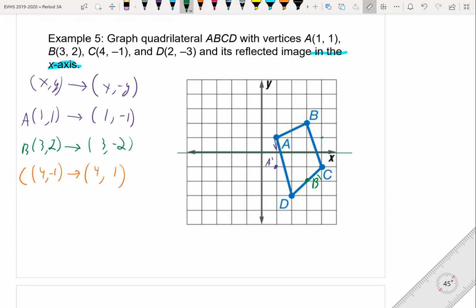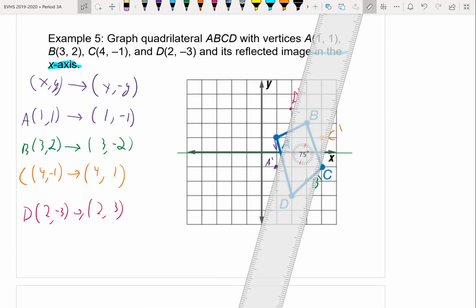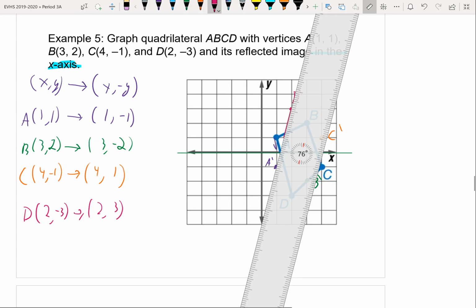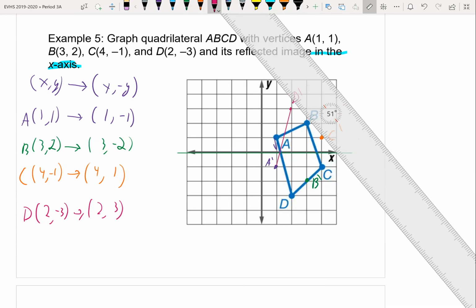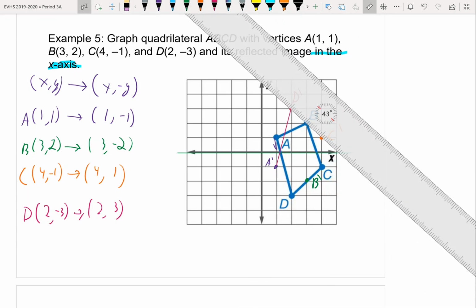So we've got (4, 1). Oh, I should have done that with orange. And there is C prime. And then D, which is at (2, negative 3), transforms to (2, positive 3). There is my D prime. And then I just go in and draw all of my segments, and I've got the reflected image.